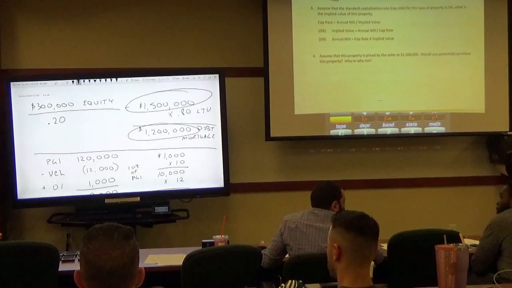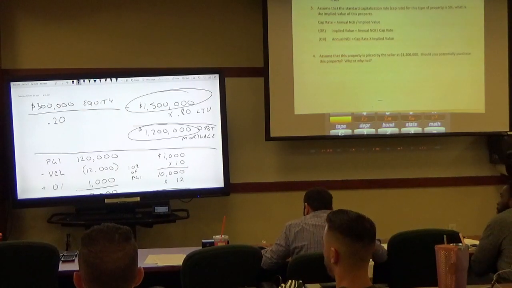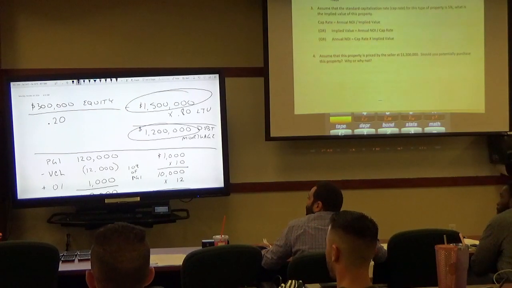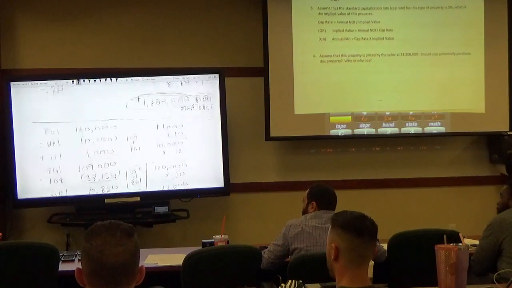Okay, does that make sense? So all this little example is meant to do is walk you through, on a very simplistic basis, some of the things that you need to think about as you are trying to make that valuation and then ultimately purchase decision. Okay, is everybody comfortable with that? Yes or no? Okay, any questions on that?